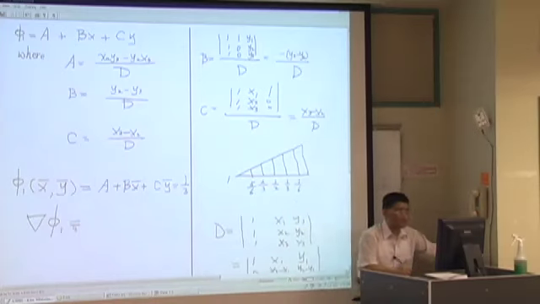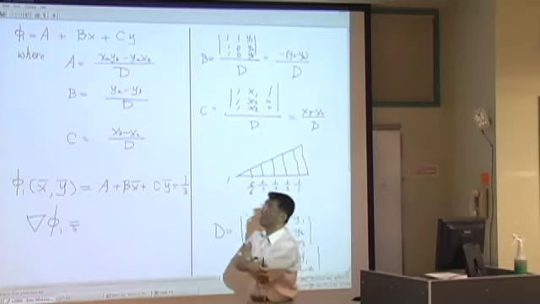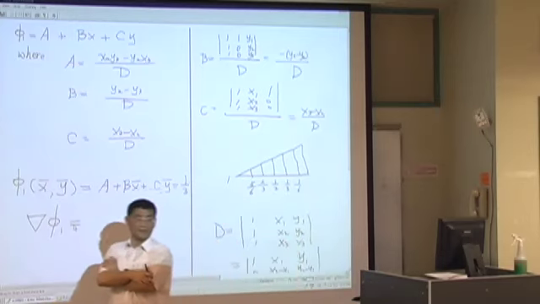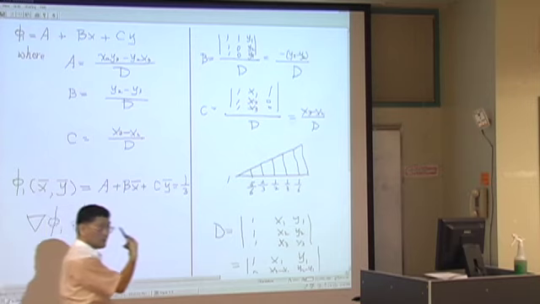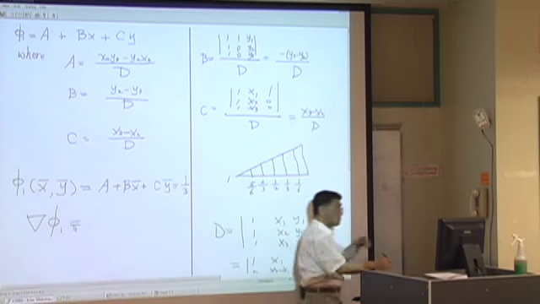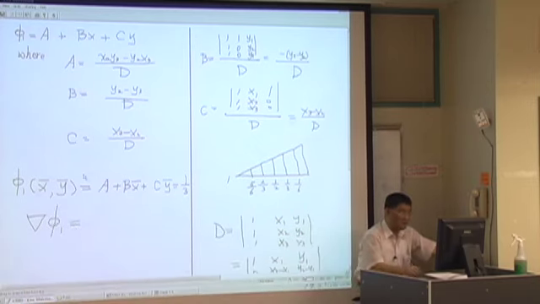gradient of this one. What is the gradient of this one? By definition, the partial derivative of that function with respect to x is the first component, right? And then the second component is the partial derivative of this with respect to y. So what is the partial derivative of this function with respect to x? It is 0 plus b plus 0, right? Because we differentiate this with respect to x.